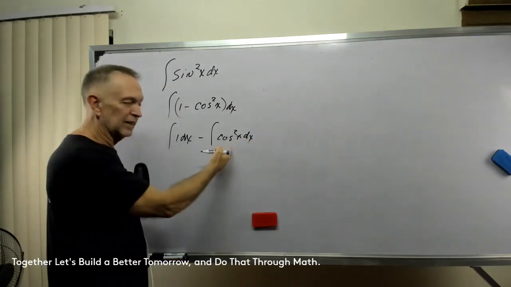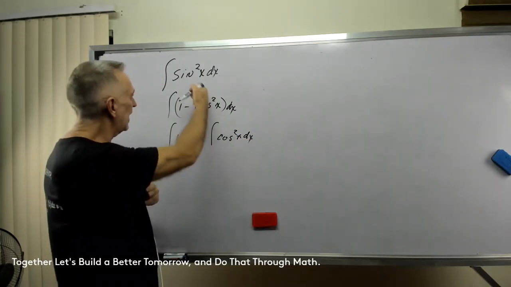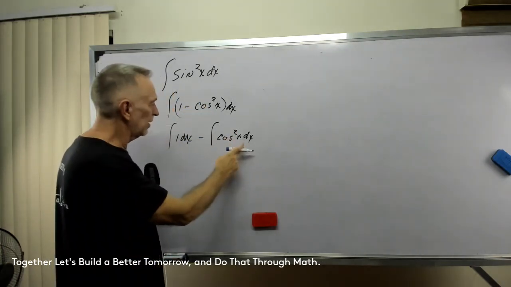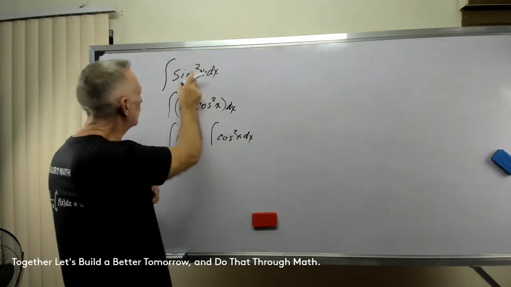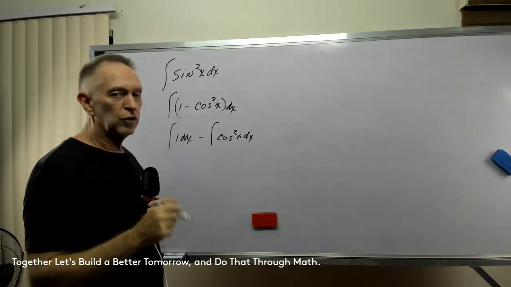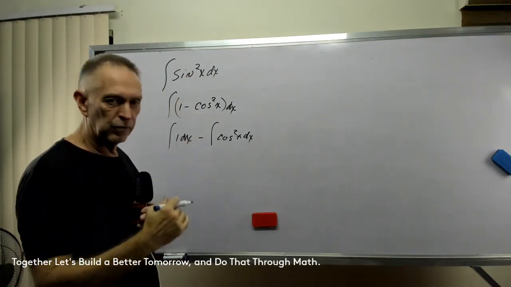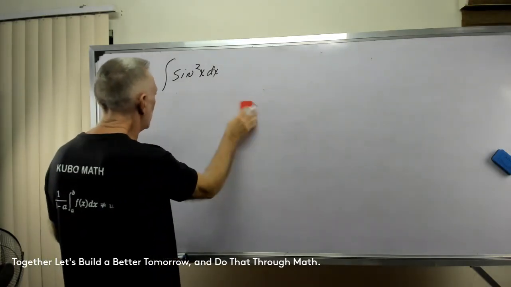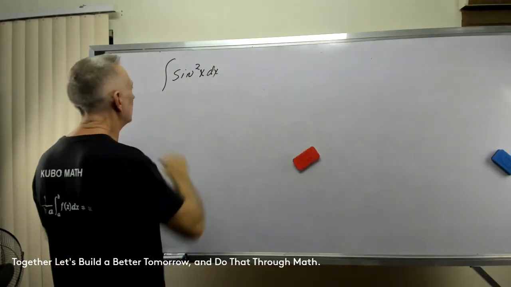So now I end up in the same dilemma: what to do with the squared term when there's no derivative of that function. So we utilize concepts of power reduction, which works a little better for us.